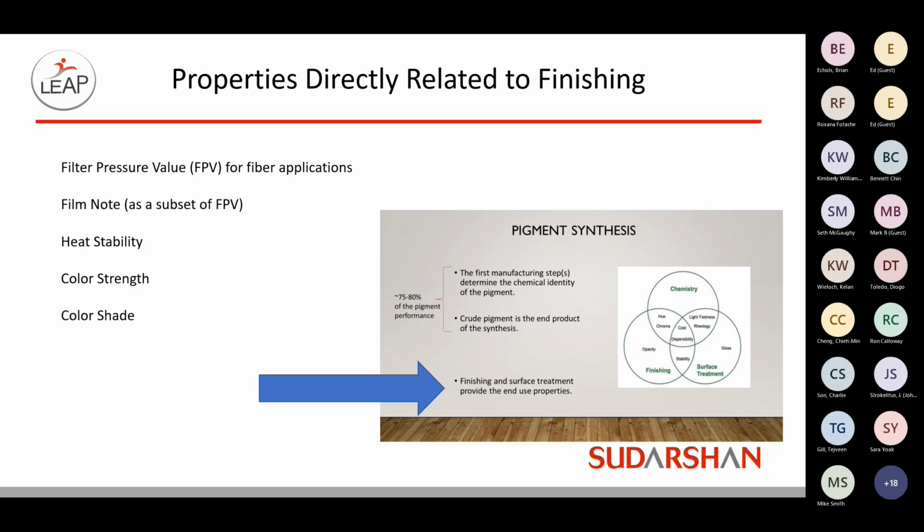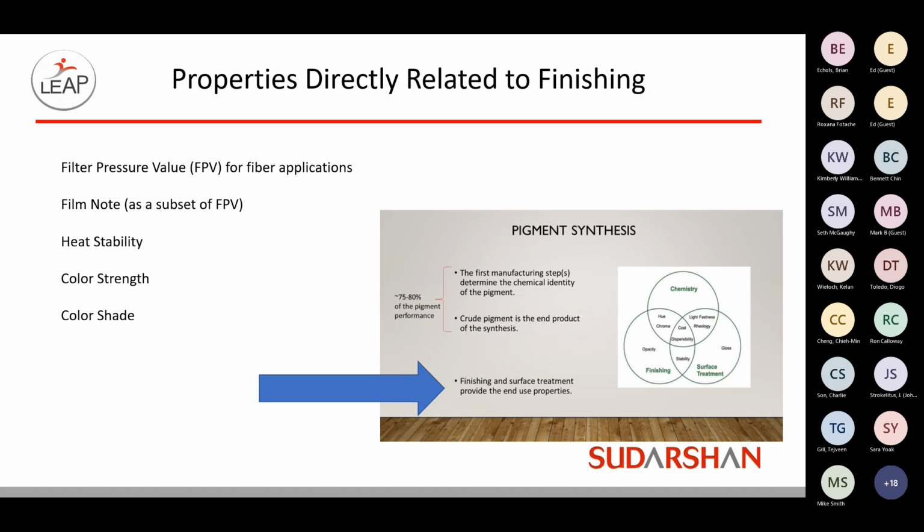But when we take a deeper look into the chemistries, we can see how fiber applications can be impacted by choice there. A subset of fiber is film, and there we take that to the next level and compare the finishing techniques and how they impact that application if you need to have a film made, because not all products that are okay for fiber are okay for film.